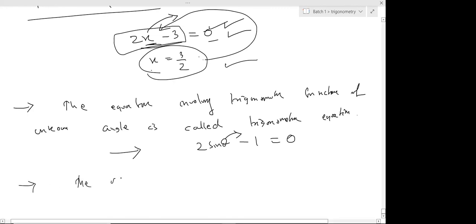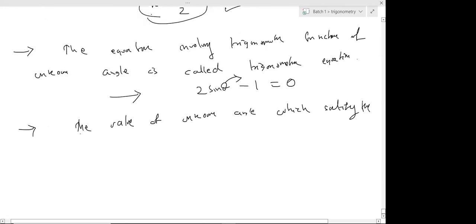The value of unknown angle which satisfies the trigonometric equation is called the solution of the trigonometric equation.